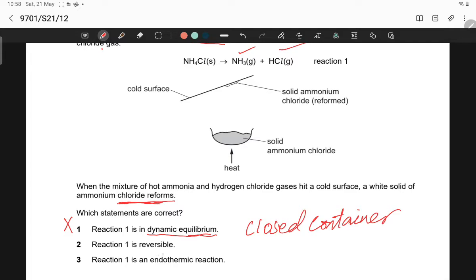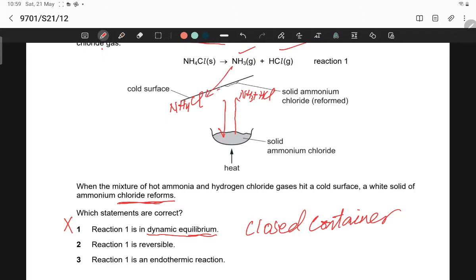Reaction 1 is reversible. Yes, reaction 1 is reversible because once ammonia and hydrogen chloride are formed, when they get to a cooler area, they again change into ammonium chloride. So ammonia plus HCl, when they get to a cold area, reverse back to solid, so ammonium chloride is formed again.